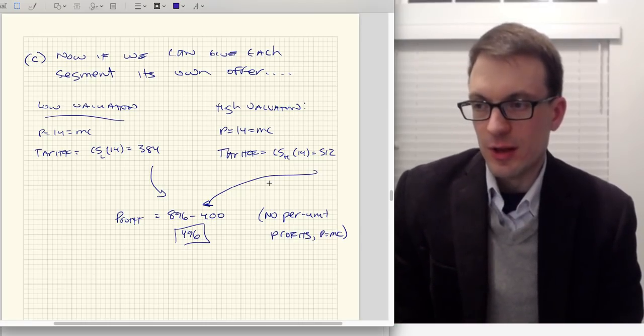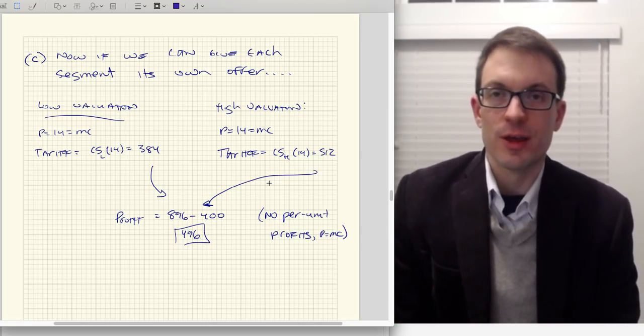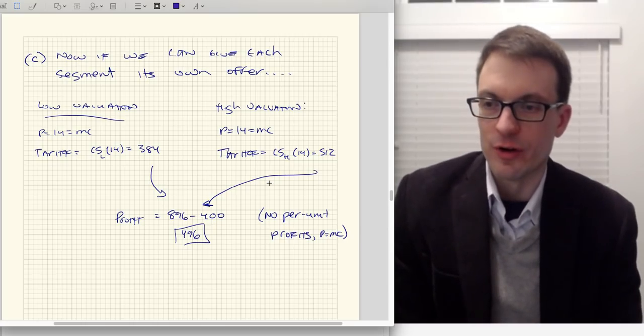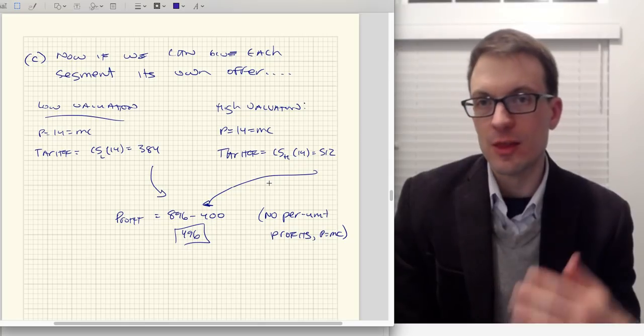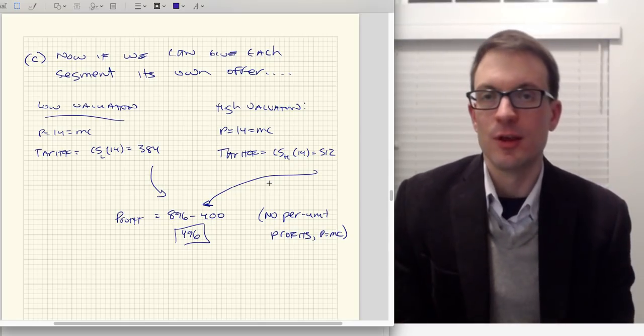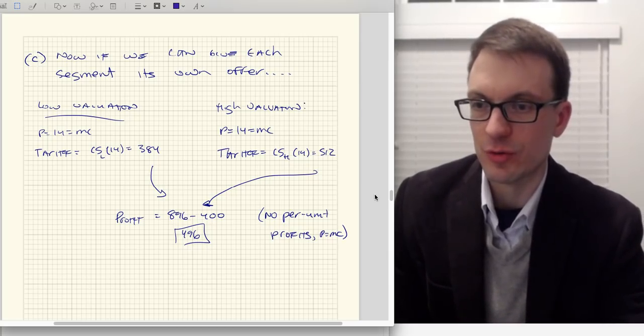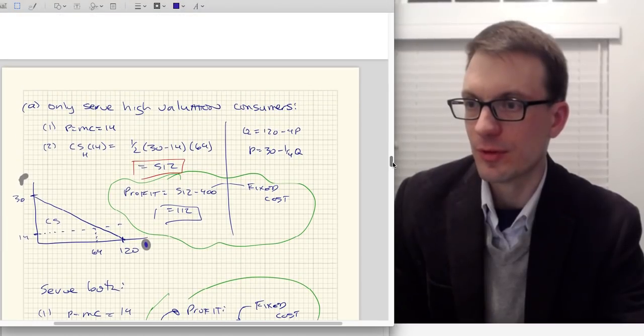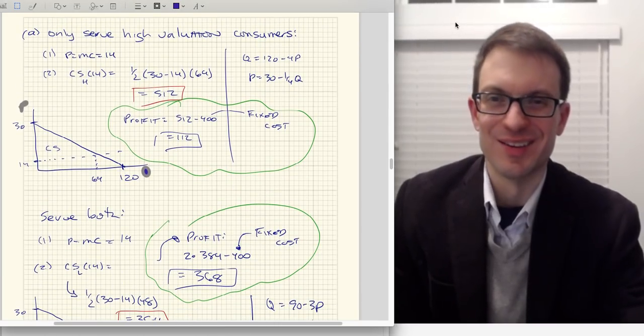And if you have that ability, then wonderful. If not, what you'd have to do is set out the offer in the two parts, the access fee and then the per unit fee, and then have your consumers self-select into whichever combination was best for them. And that's kind of what we did with part A. So, okay, very good.